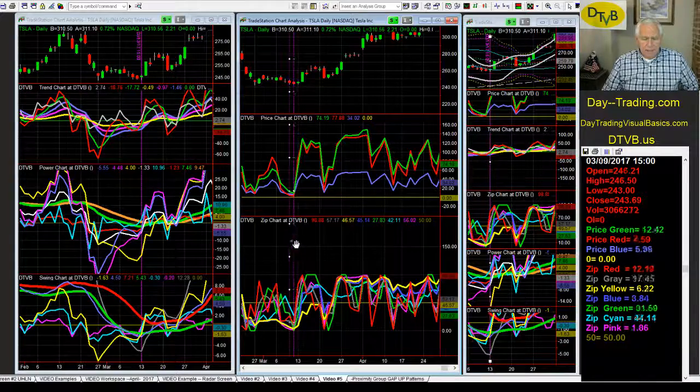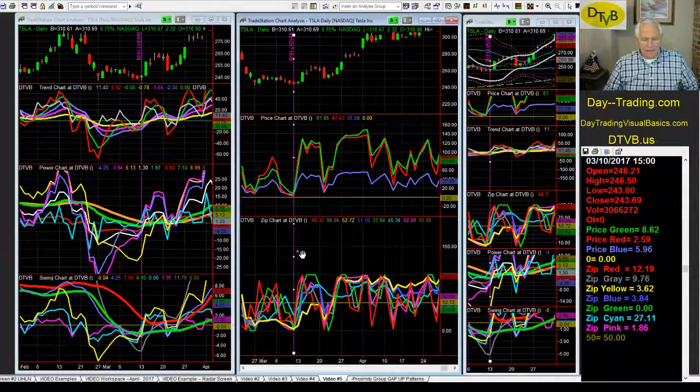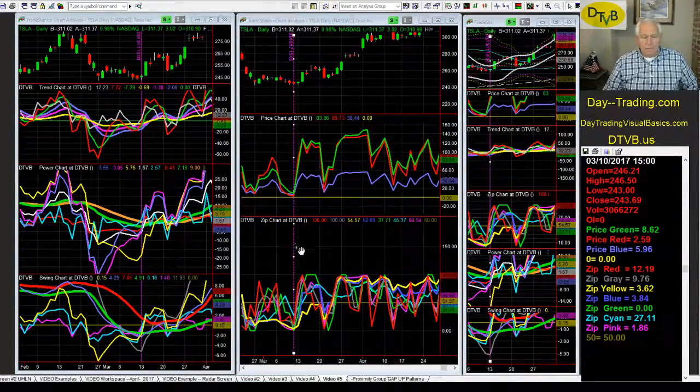Back on this day, the day before the large increase in Zip points, we identified different things that may or may not have occurred, and in particular we have twin Power Yellow and Zip Yellow lowest, and that's a pattern that tells us that the market is going to be moving up.